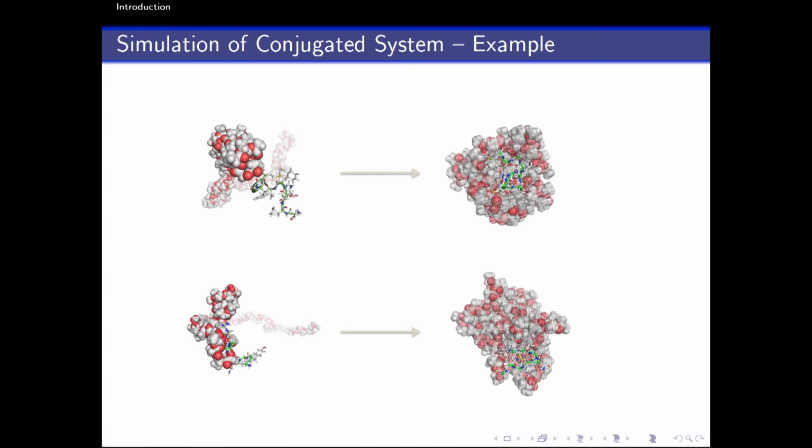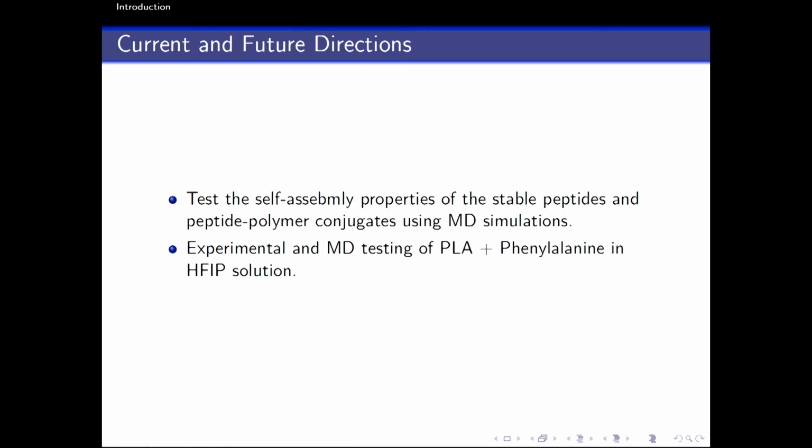Now, what we found about the peptide is that while the interactions between atoms in the peptides were slightly different than the ones in the isolated peptide simulation because of the different environment, the structural preferences of the peptide when it was conjugated with the polymer were actually very similar, which was a very encouraging result. So this is pretty much where we stand right now, or where we stood when we published this work.